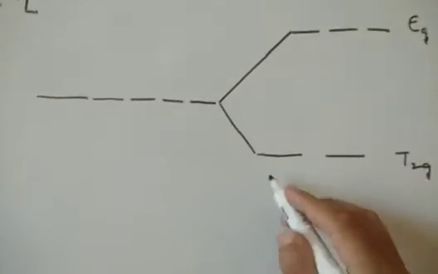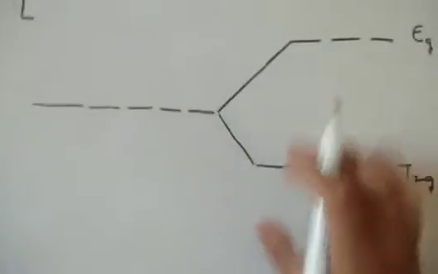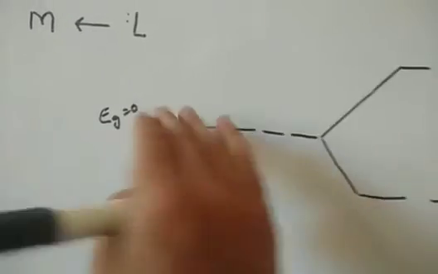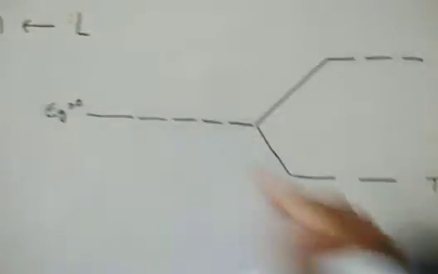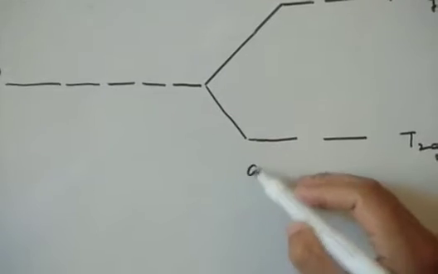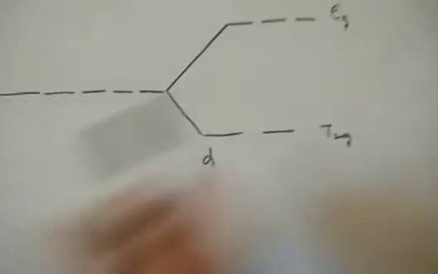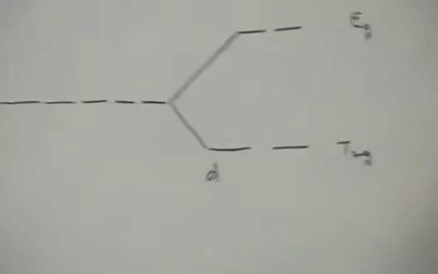So these orbitals whose energy is lowered, and the center of gravity, whose energy we are considering as 0, this is your t2g and eg set.